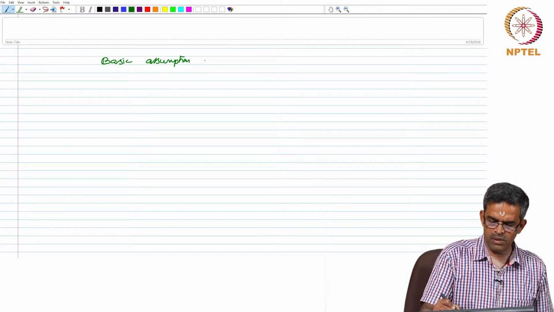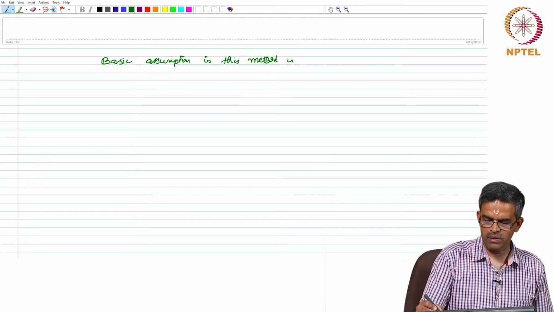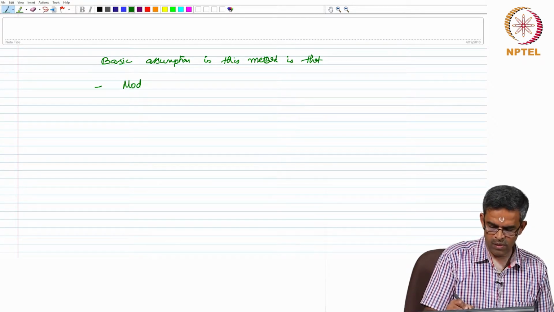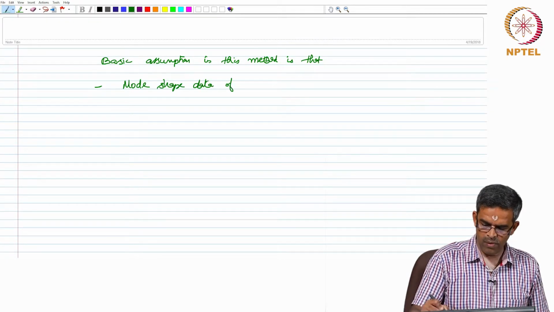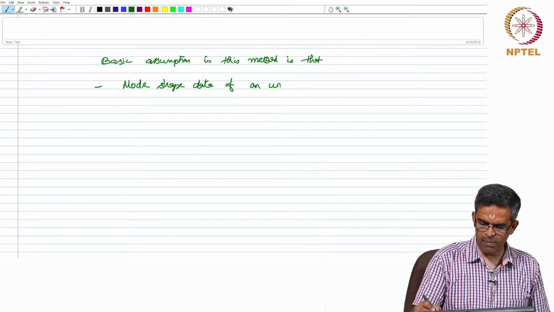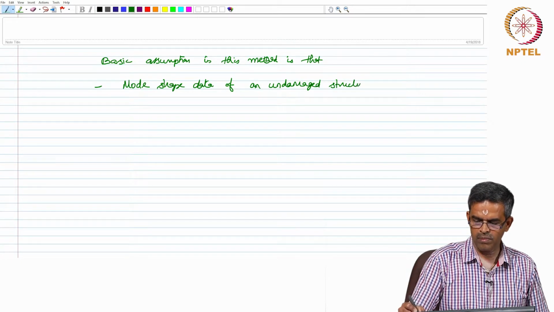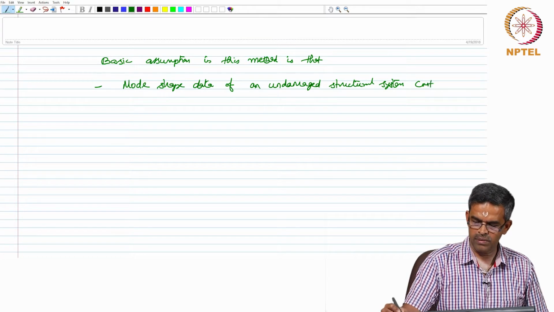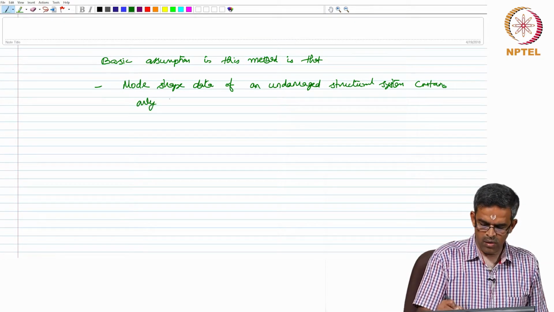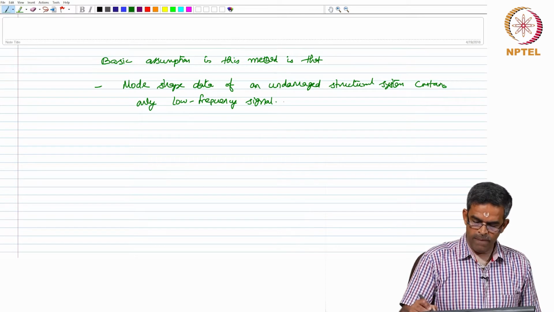The basic assumption is that mode shape data of an undamaged structural system contain only low frequency signal in the spatial domain.